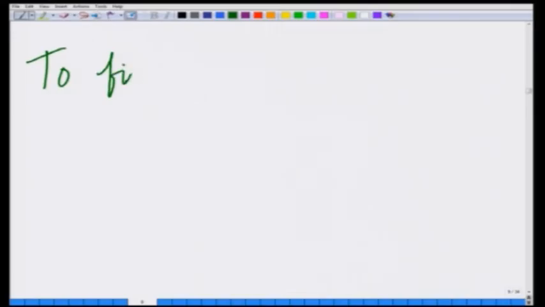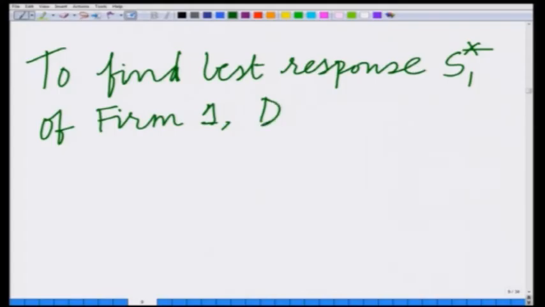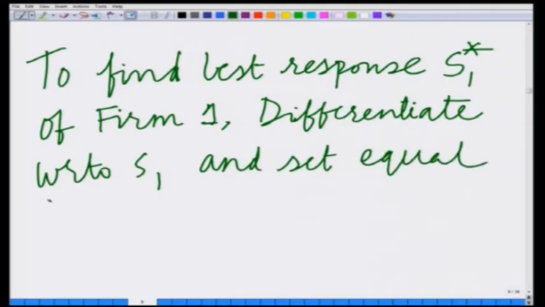To find the best response S1 star of firm 1, differentiate with respect to S1 and set equal to 0.